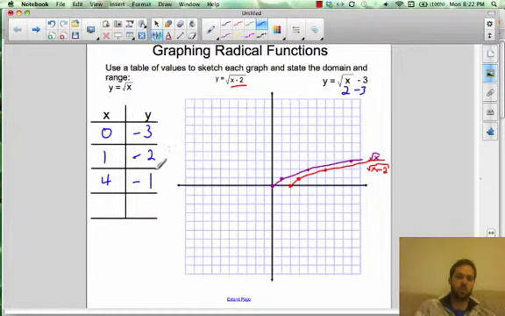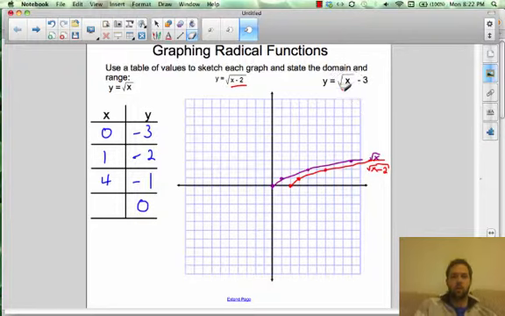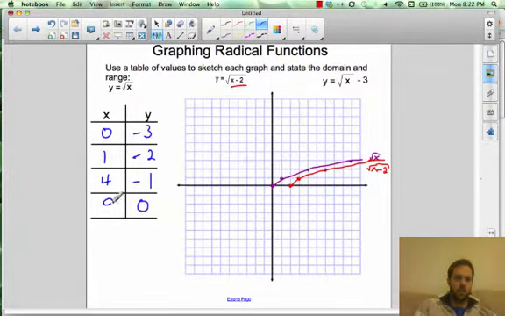And again, you'll notice that we're counting by ones and getting greater by a single digit each time in the y column. And finally, if we choose 9, the root of 9 is 3, and then we'll do 3 minus 3, and that will give us the 0 that we find here.